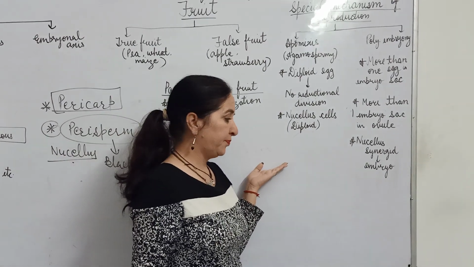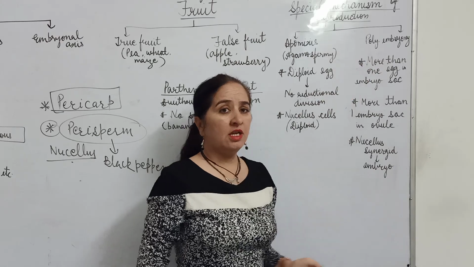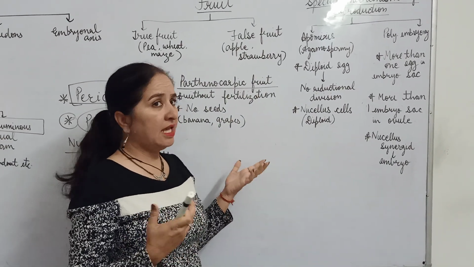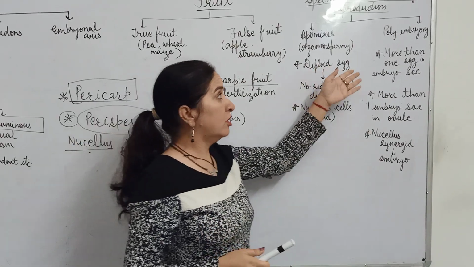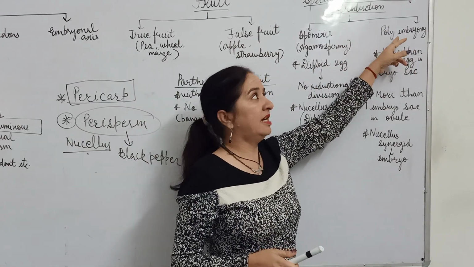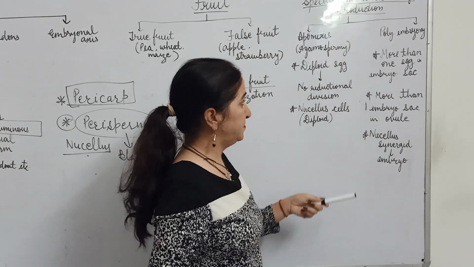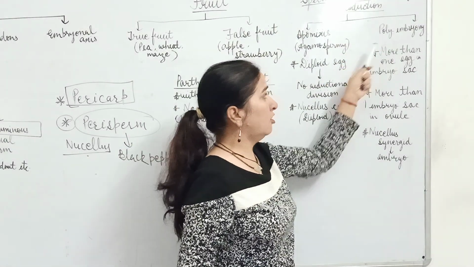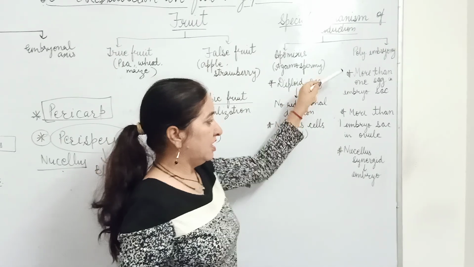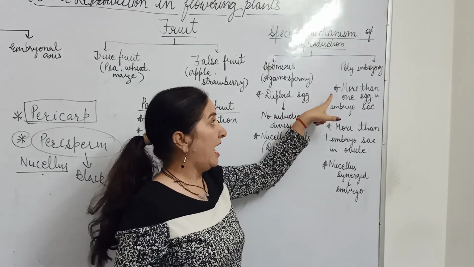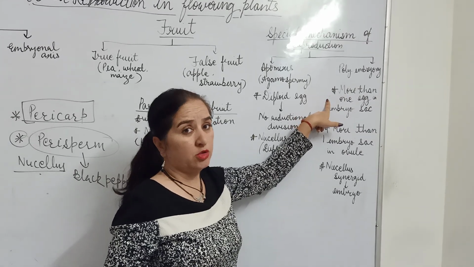What is polyembryony? As the name suggests, poly means many, embryony means embryo. When more than one embryo is present, that is known as polyembryony and it is generally observed in orange. What is the reason of polyembryony? Three main reasons. First of all, more than one egg present in the embryo sac.